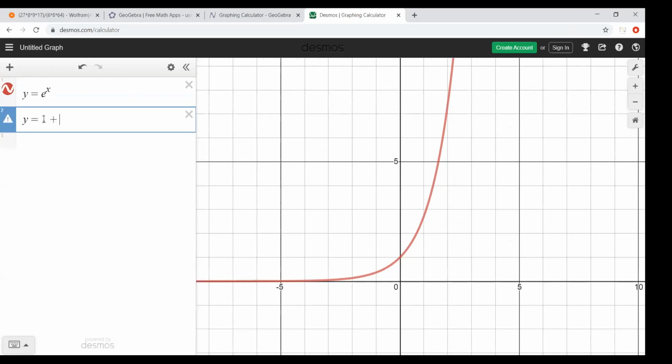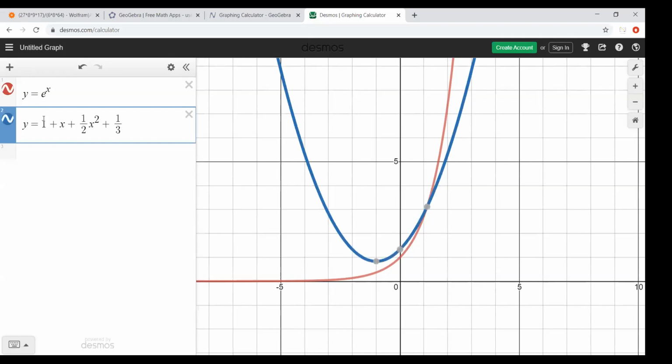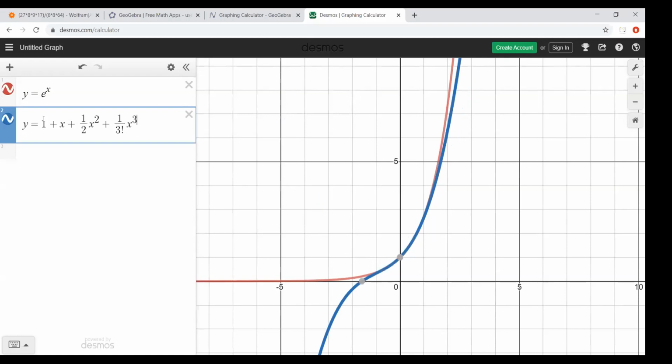Let's do fifth, because I asked you to do fourth for homework. So hopefully you see me painstakingly type this in.